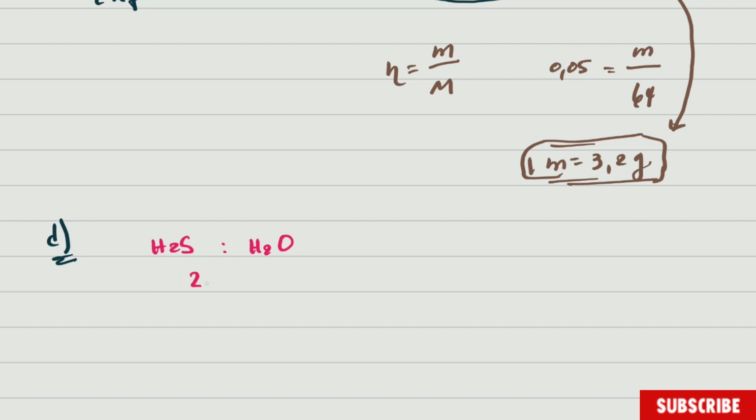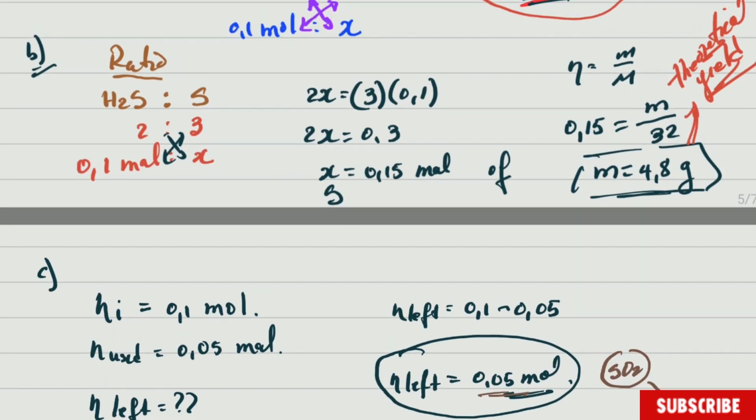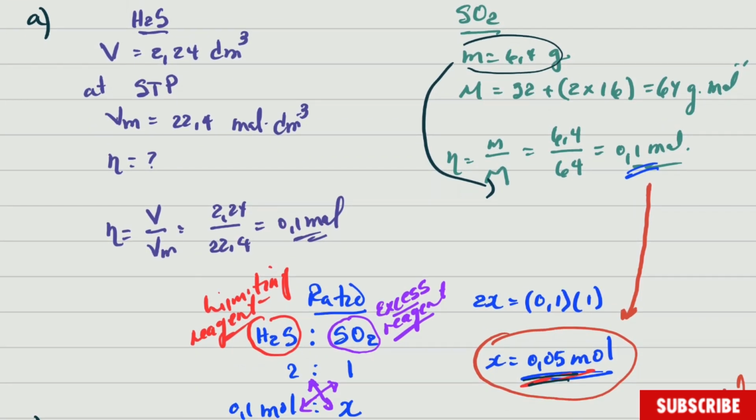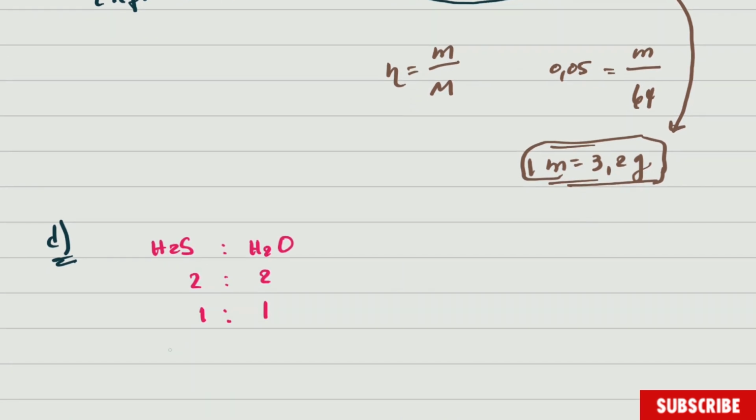So if we have the number of mole of hydrogen sulfide that we calculated in the first calculation here, it was 0,1. You can see it there. So 0,1 mole will produce also 0,1 mole of water gas.